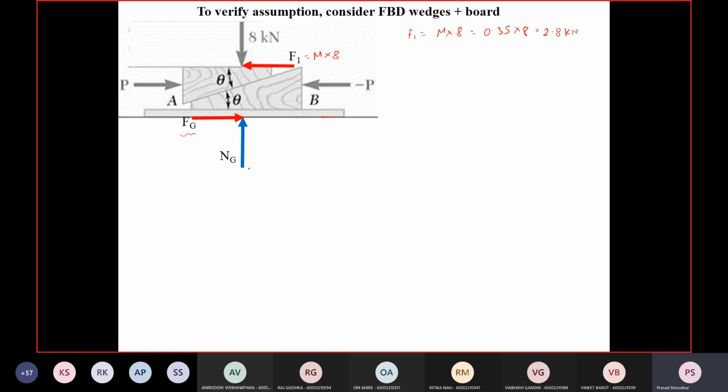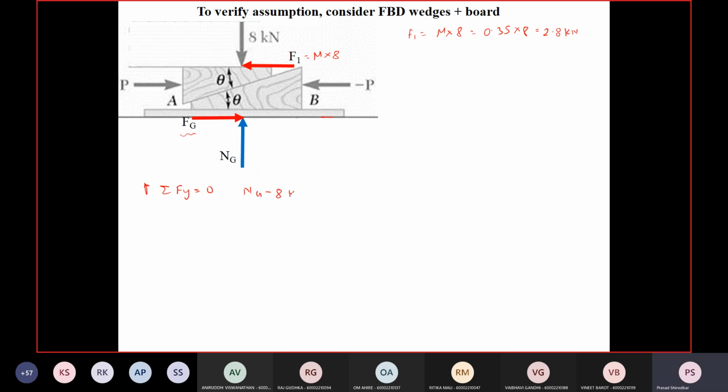Okay. Now let's do summation Fy. Summation Fy is equal to 0, upwards positive. So again Ng minus 8. Now I have not separated any of these blocks. I have taken the entire thing together, the two wedges and the board, everything I have taken it together. So there are no interacting forces between the surfaces, all the wooden surfaces.